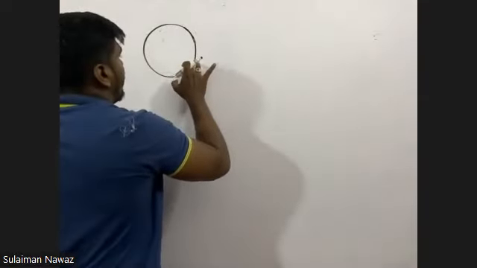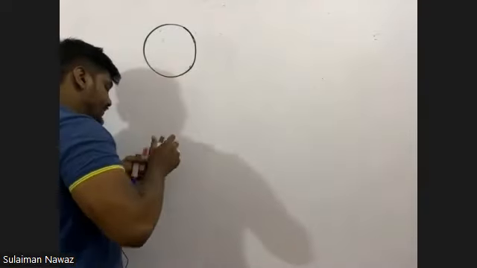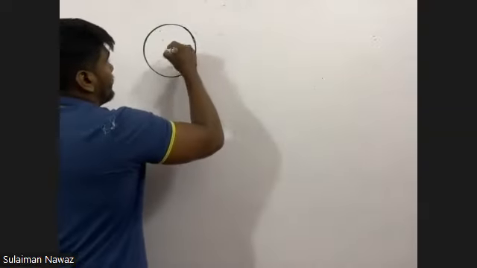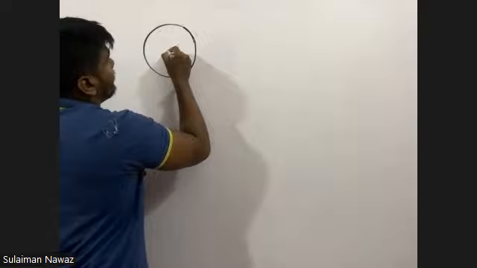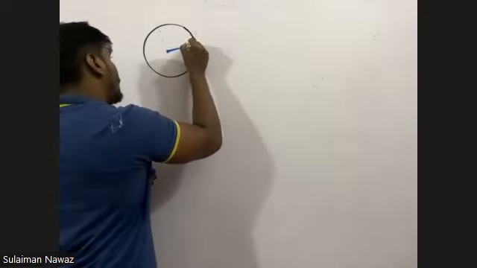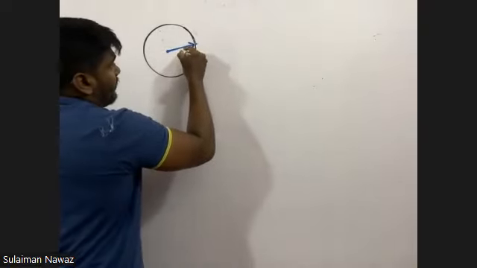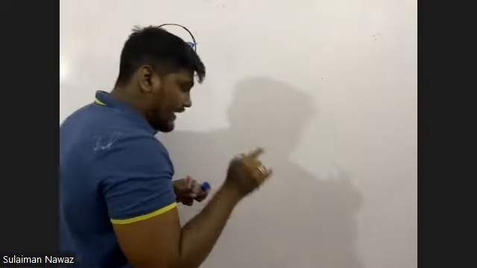Let's say the radius of the Earth is capital R. Radius, that is capital R. Now there's a satellite.